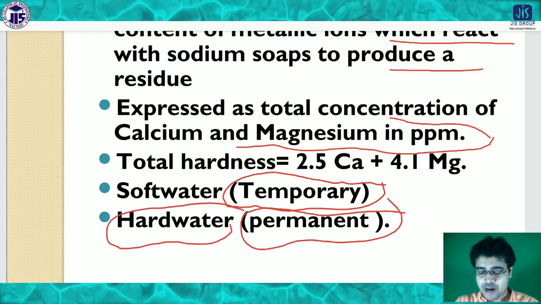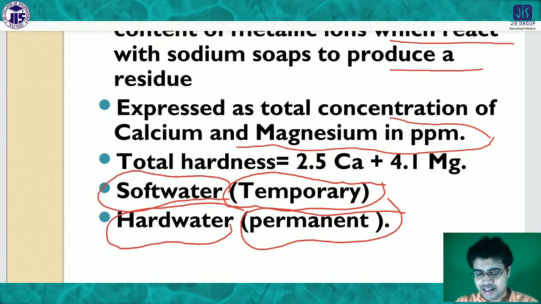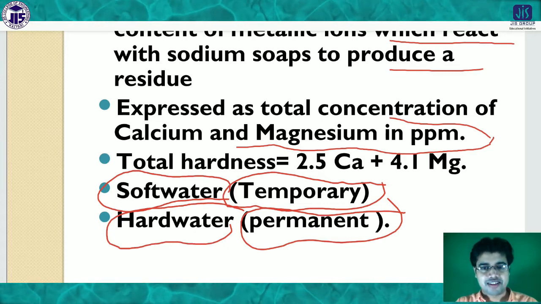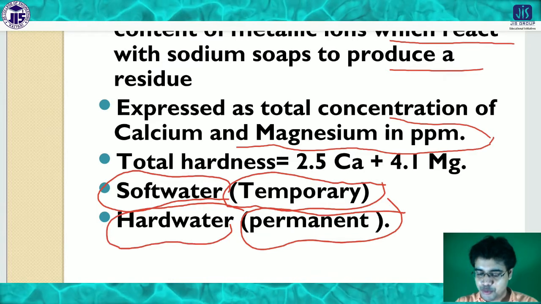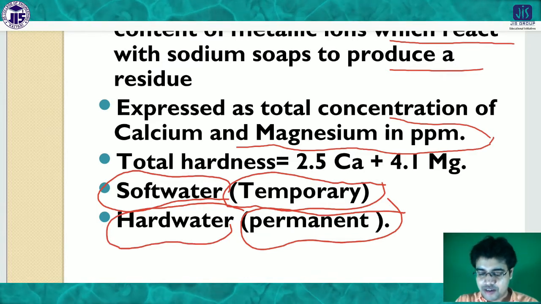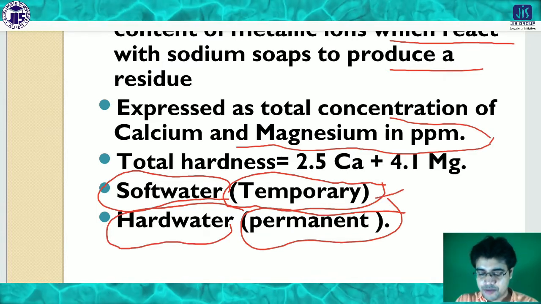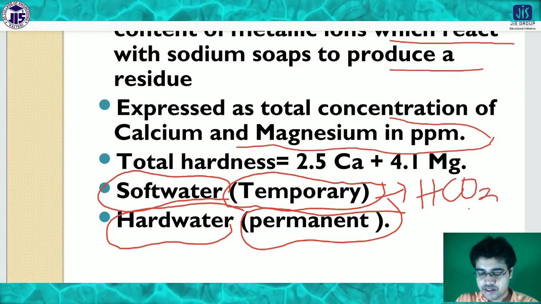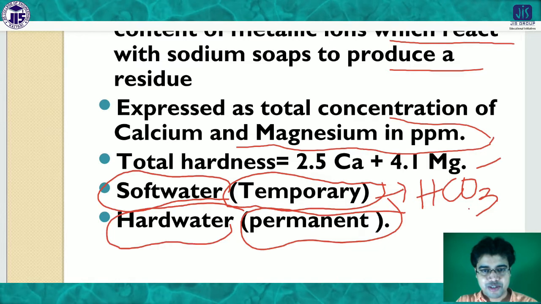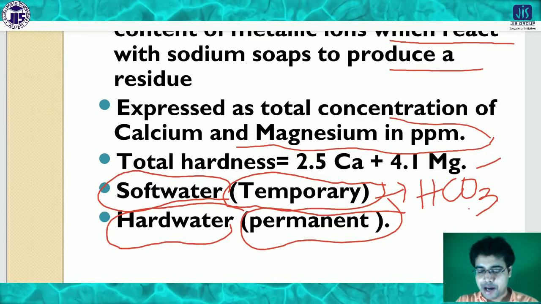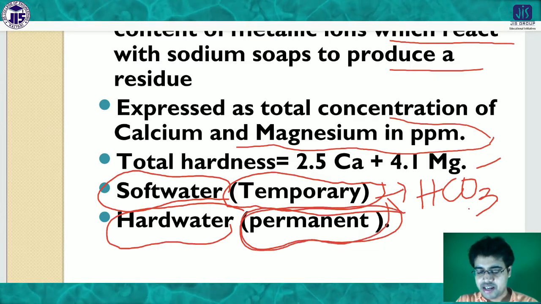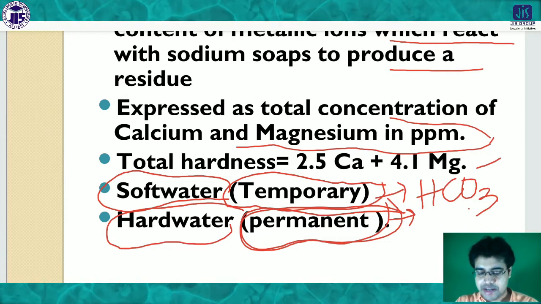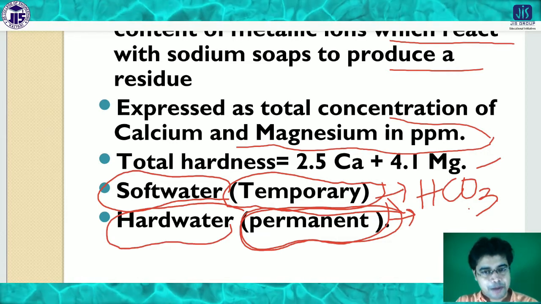Another thing I can tell you is that soft water or temporary hardness is mainly due to the bicarbonate ion, HCO3 minus. And permanent hardness is mainly due to carbonate and sulfate. So these ions are mainly responsible for permanent hardness.